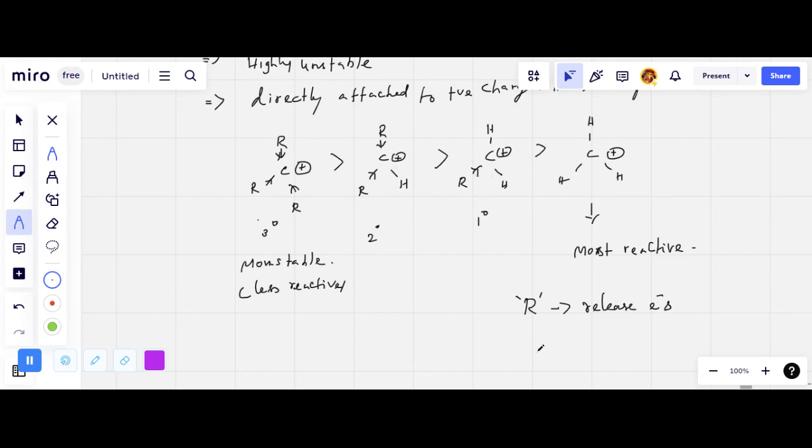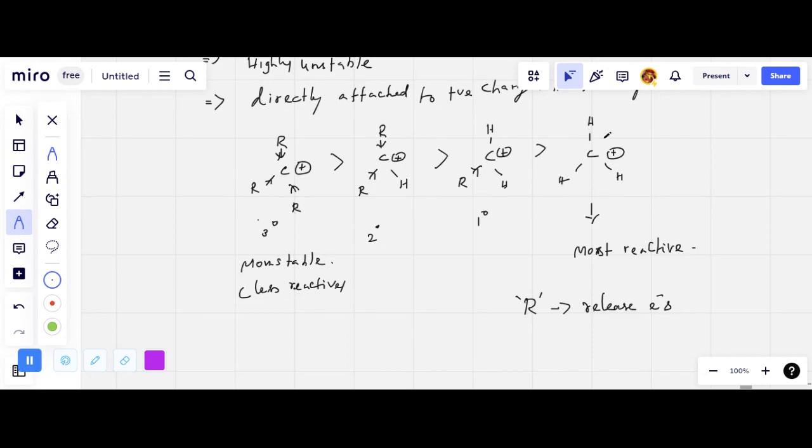So more alkyl groups means more stable. Always, if it is more stable, it will be less reactive. So the tertiary carbocation is more stable because of the three alkyl groups present, which means it is less reactive.